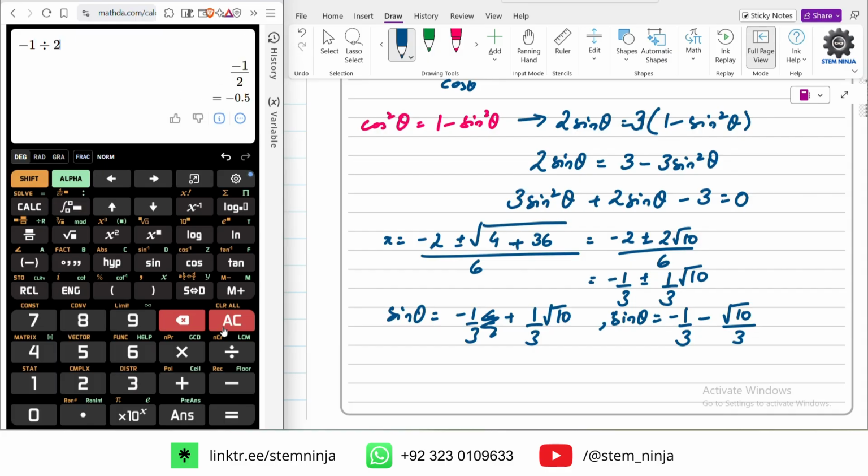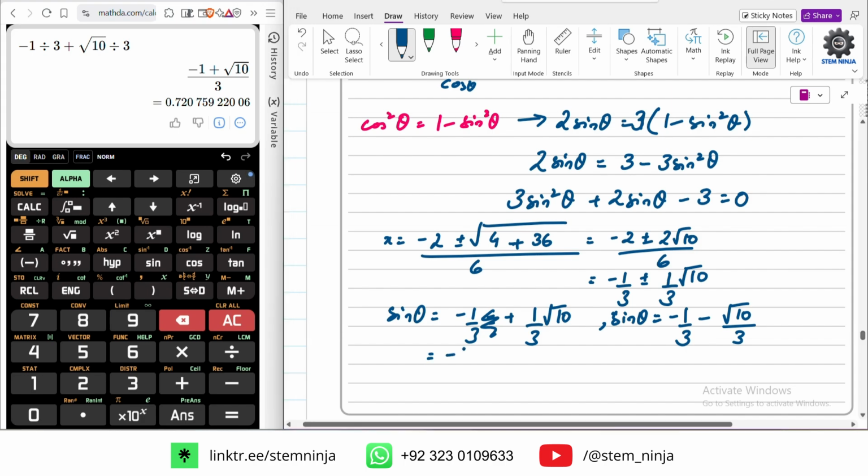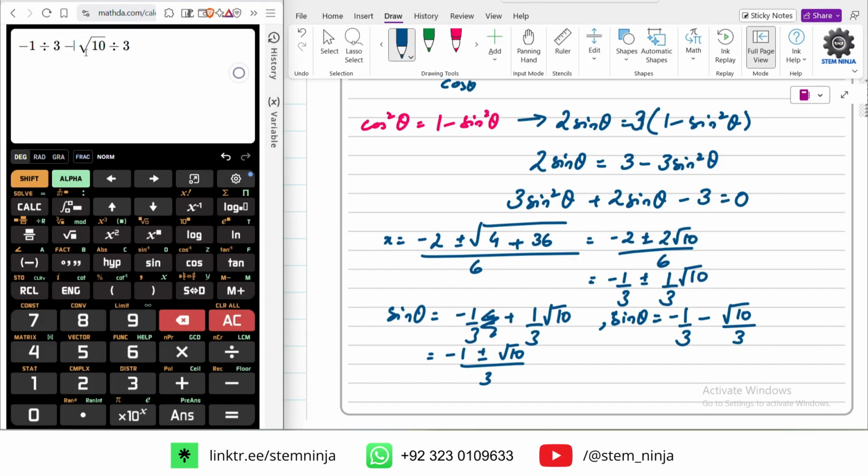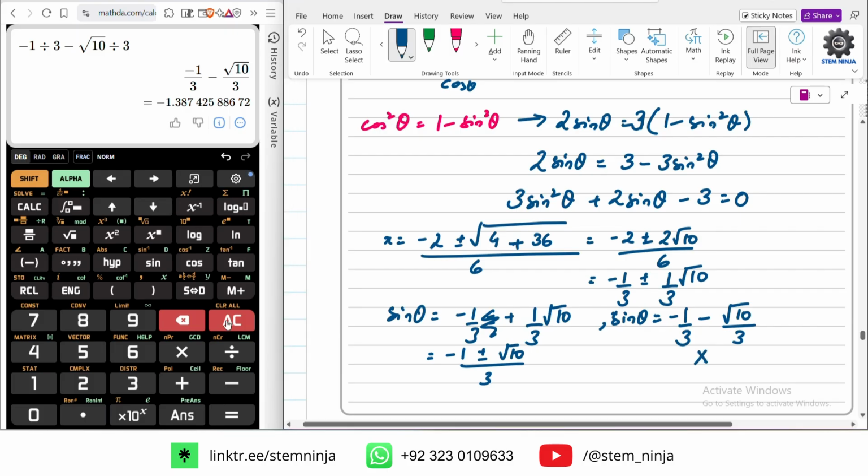So minus 1 divided by 3 plus root 10 divided by 3. So this is possible, right? This is possible, but what if we do minus over here? This would not be possible, right? So we, no, this was plus. Okay.